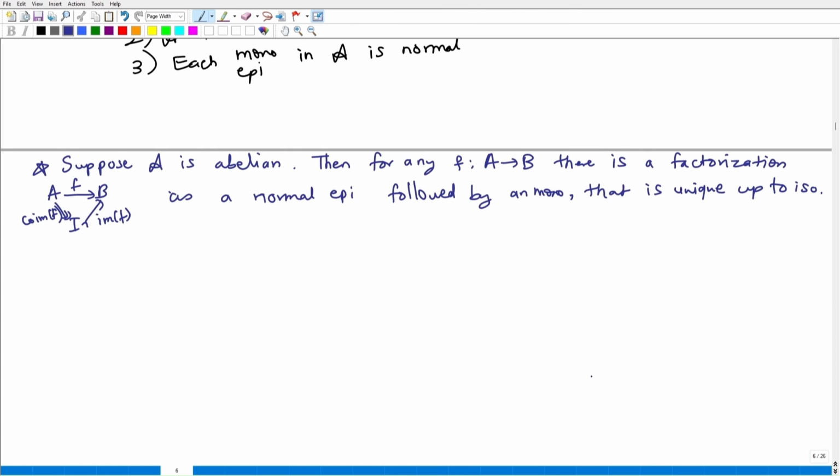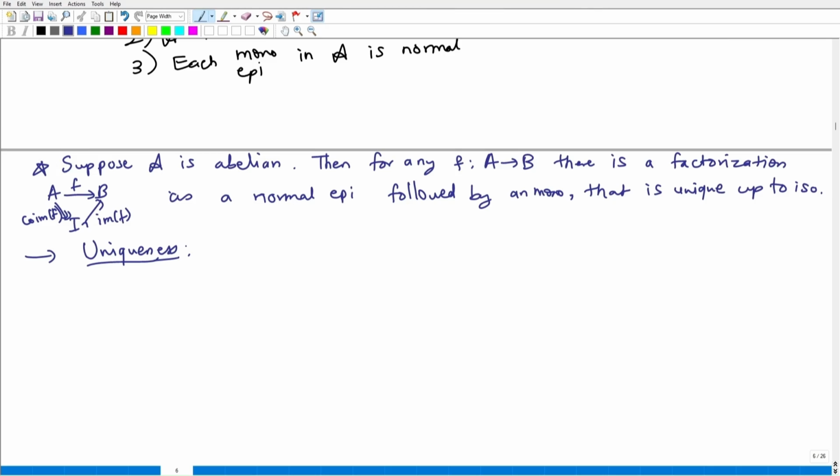Okay, so let us prove this. First of all, let's show uniqueness. These are relatively simple proofs, and I also want you to get a flavor of how these diagrams or arrows are chased.